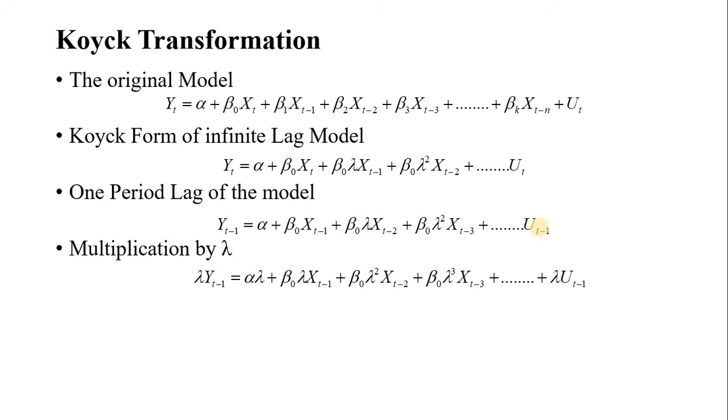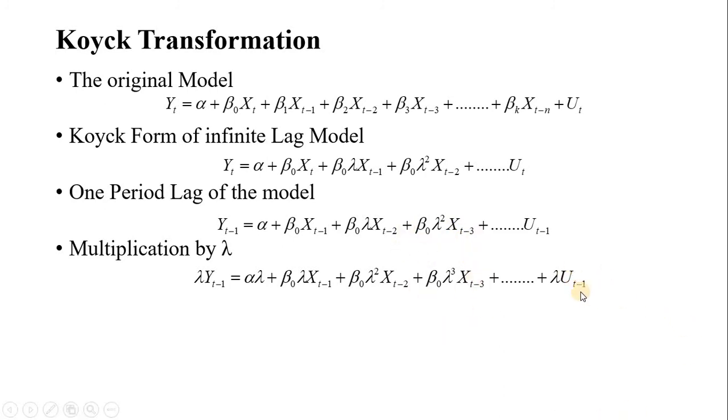What we are doing here is multiplying the entire thing with a constant value. Look at this: yt minus 1 becomes lambda yt minus 1, alpha into lambda, plus beta 0 lambda xt minus 1. Beta 0 lambda square is there, and lambda into lambda square is lambda cube.